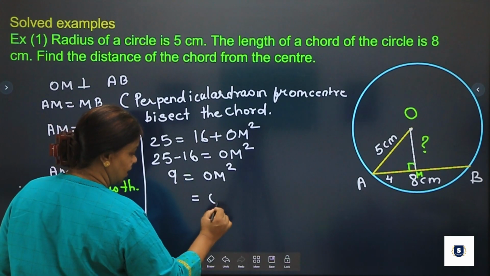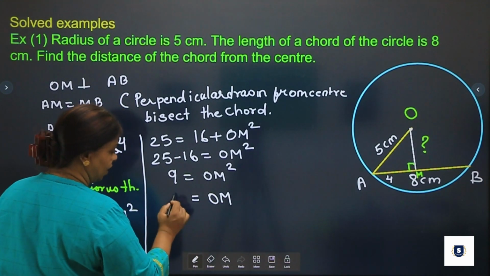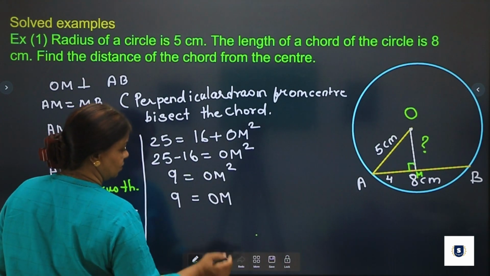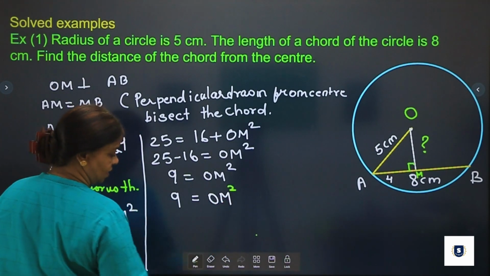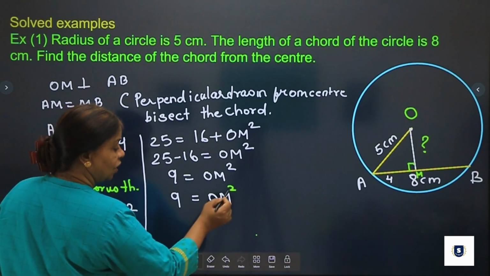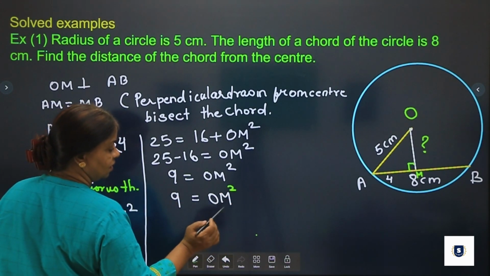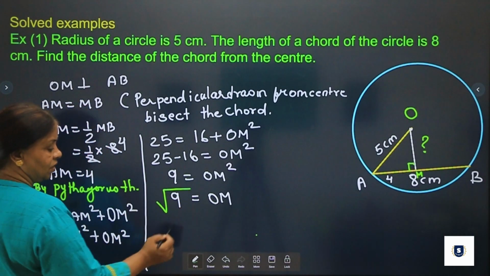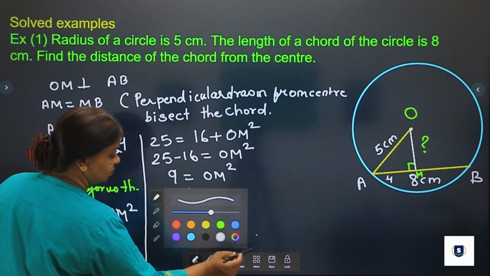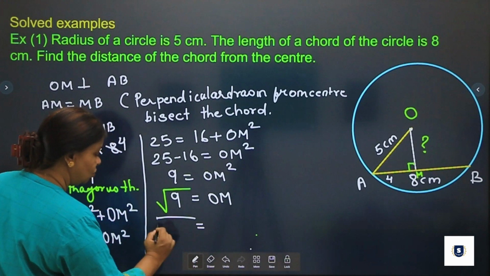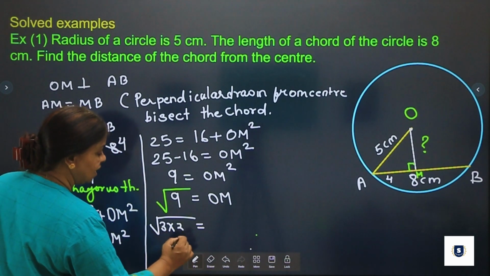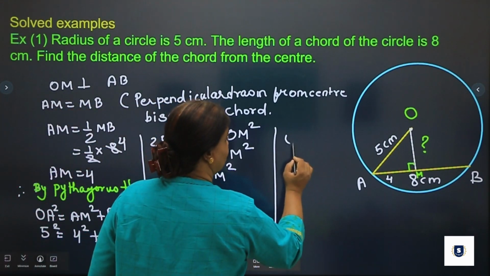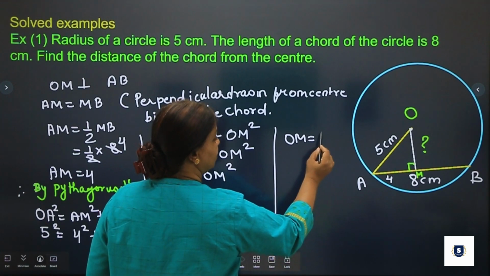Now on the other side, if we remove the square, then I would place the square root on the other side. So what will happen? Under the root, 3 into 3 is equal to OM. Therefore, OM is equal to 3.